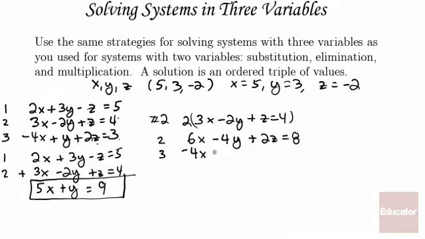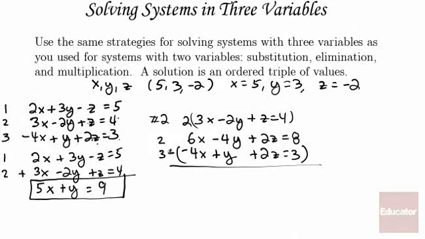Negative 4x plus y plus 2z equals 3. My goal is to get the z's to drop out. In order to do that, I'm going to have to subtract. I need to subtract 3 from 2. So I want to be very careful with my signs here.